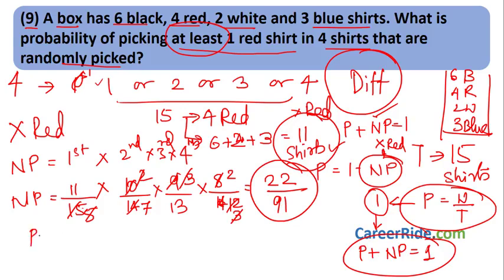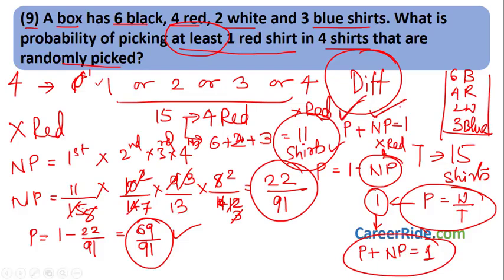Then what is the probability of choosing at least one red shirt? It is 1 minus 22 upon 91, that would be 69 upon 91. This is the probability of choosing at least one red shirt. How did we do it? We saw the words "at least", so we used the formula: probability of choosing at least one red shirt plus probability of not choosing at least one red shirt is equal to 1.